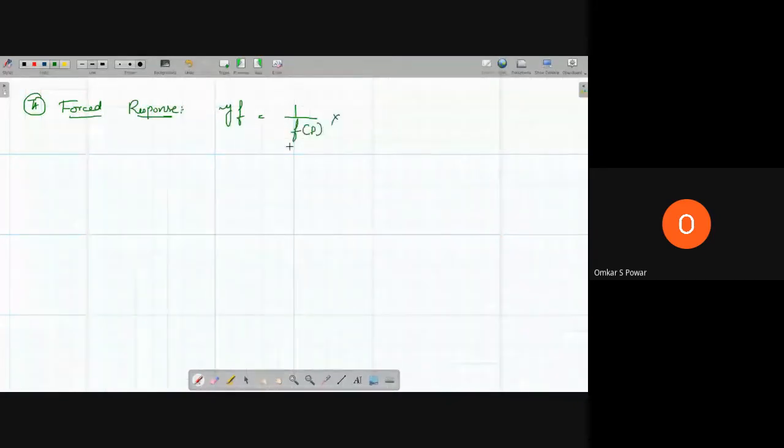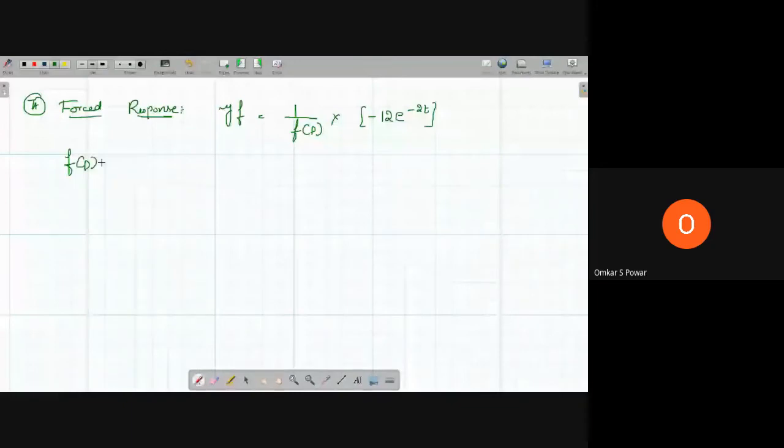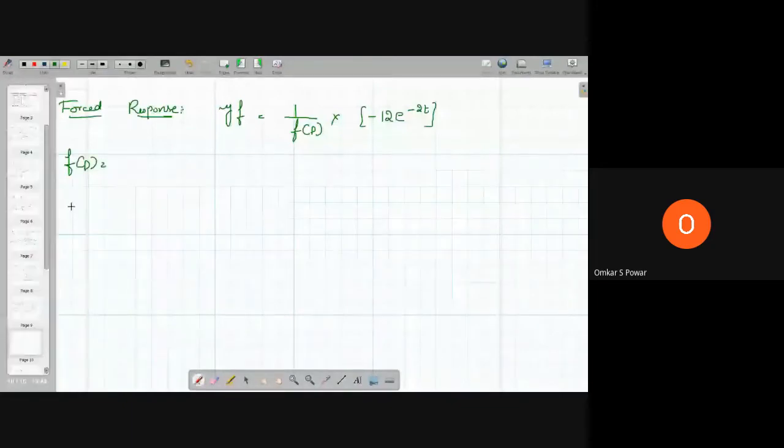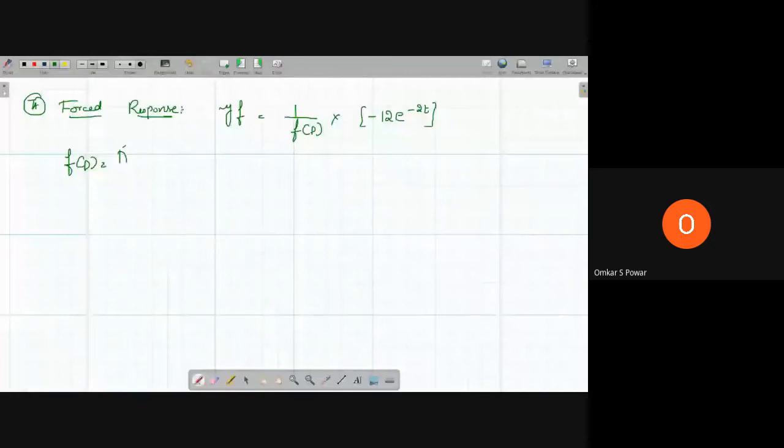If you go back to the previous slide, you will get minus 12e^(-2t). Now you get f of D: D² + 5D + 6. So this is your f of D.